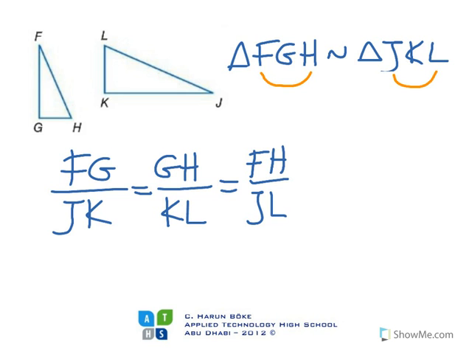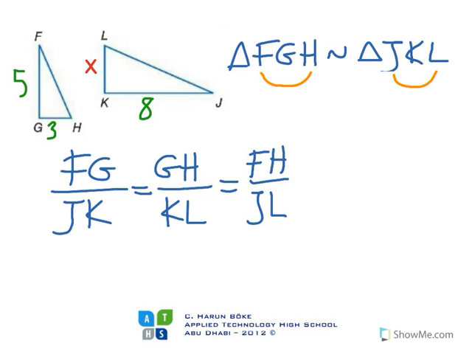For example, if we were given that the side FG is, say, 5 and JK is, say, 8. On the other hand, if we are given GH to be, say, 3, and we are asked to find the length of KL, then we will do the following.